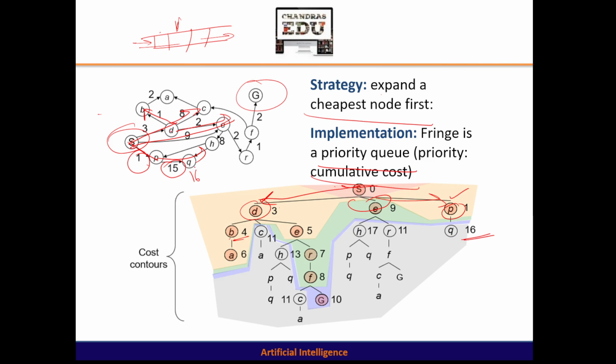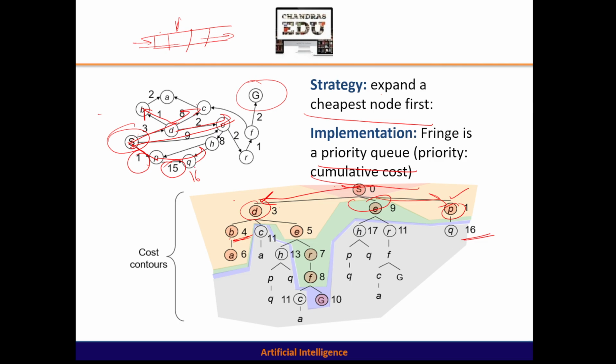Whenever we take the path to B, from S to D it is 3 and from D to B it is 1. So the total is 4. And when you take the distance from D to C, S to D is 3 and D to C is 8.